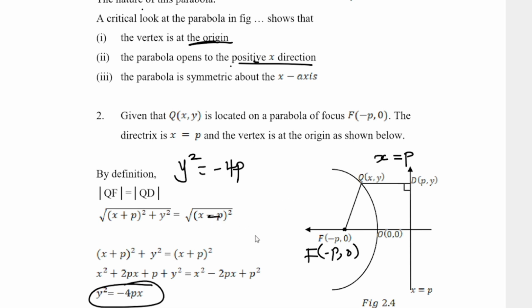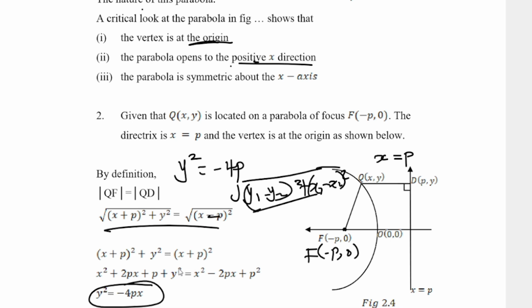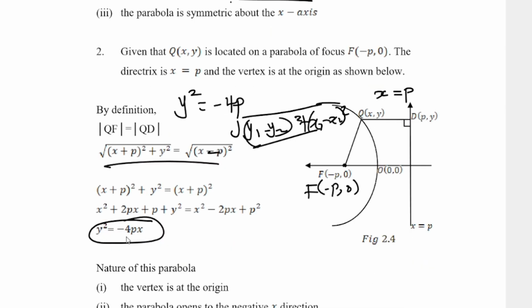Using the distance formula, y1 minus y2 all squared plus x1 minus x2 all squared, we will get this. Now when we simplify, we have y squared equal to negative 4px.